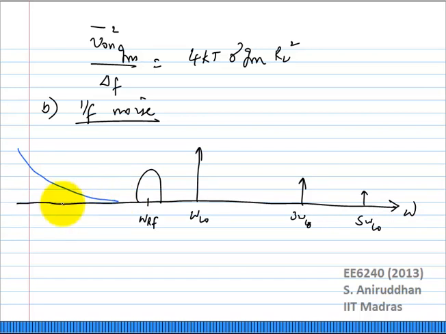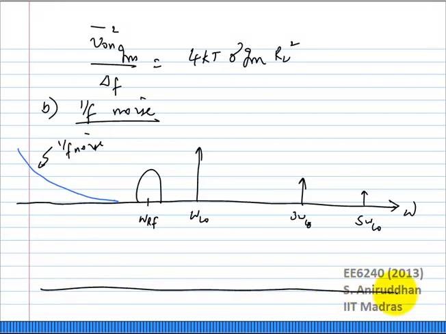So my flicker noise happens to be at baseband and not at RF and LO frequencies. What happens to flicker noise if I look at the output? This flicker noise gets modulated by omega LO, 3 omega LO, 5 omega LO and so on.